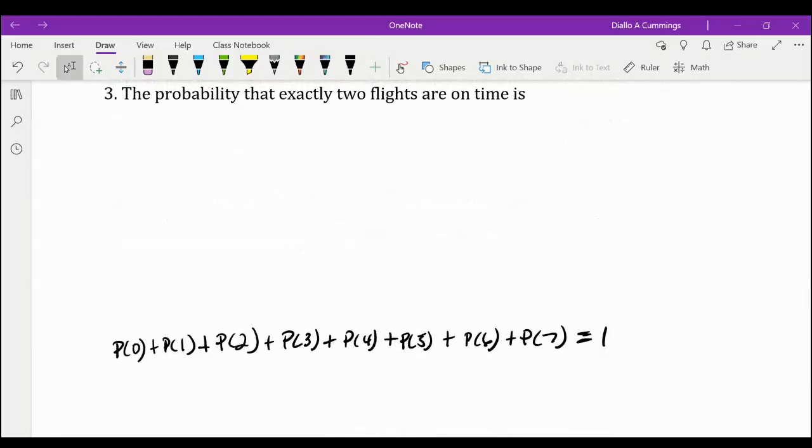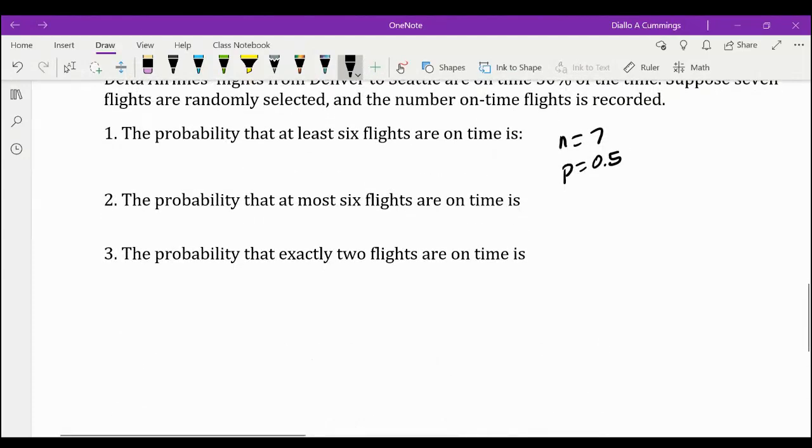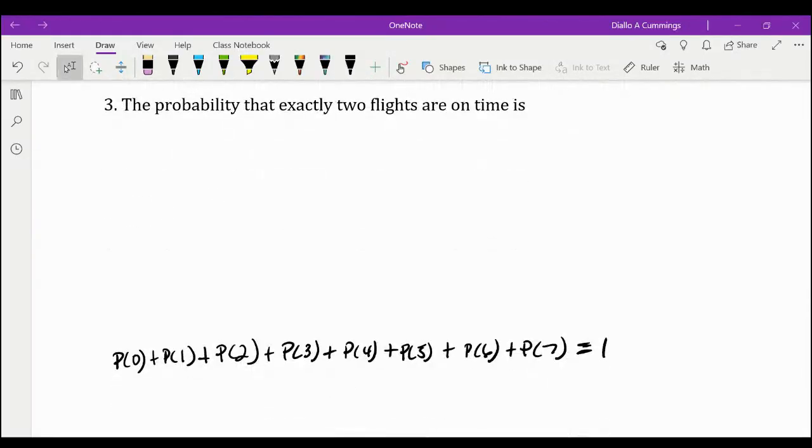So if we were to take all of the probabilities, right, from the probability that no flights are on time all the way to the probability that 7 flights are on time, this would equal a total of 1. We want the probability that at least 6 flights are on time.